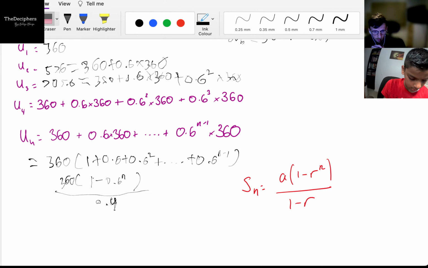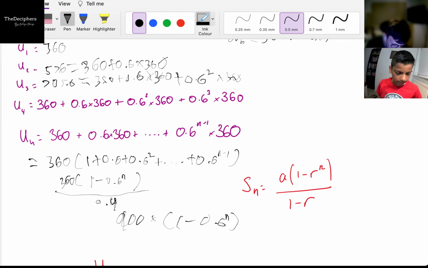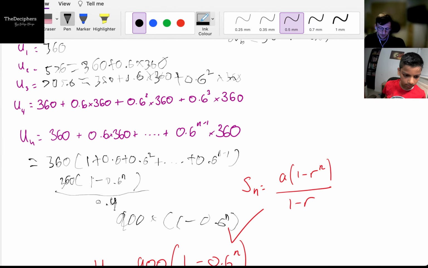And we can simplify that further. 360 divided by 0.4, well that is 900. 900 times 1 minus 0.6 to the power of n. Brilliant, yeah. So u n is 900 lots of 1 minus 0.6 to the n. Yeah, exactly right. Well done, Cordelia. Spot on.